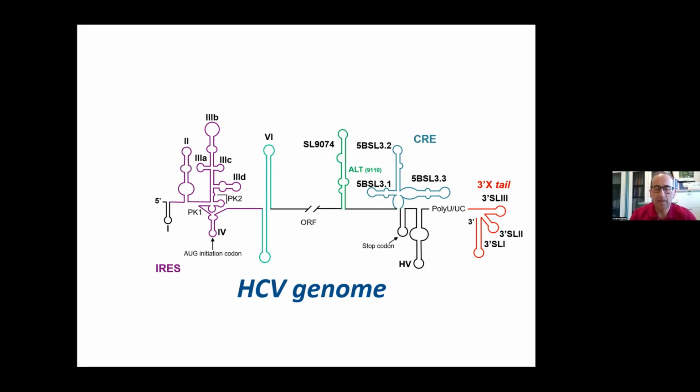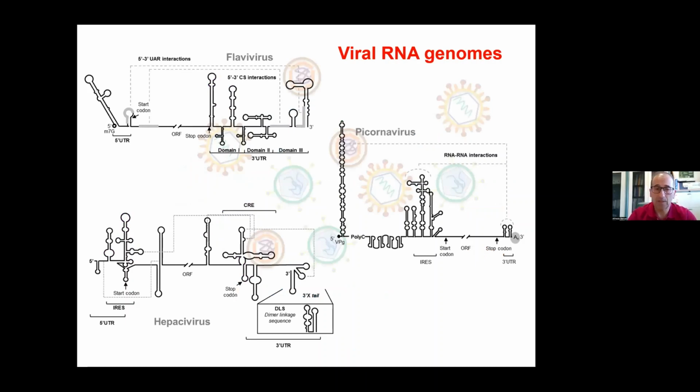In this figure, I depicted the RNA genome of hepatitis C virus. But this is a general feature of other viral RNA genomes. In this figure, I have included, besides the hepatitis C virus, two other viruses, an example of a flavivirus and a picornavirus.